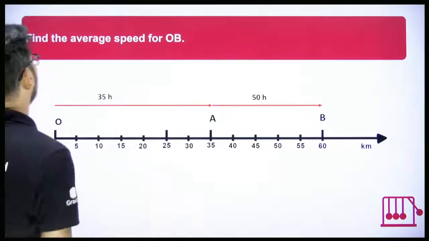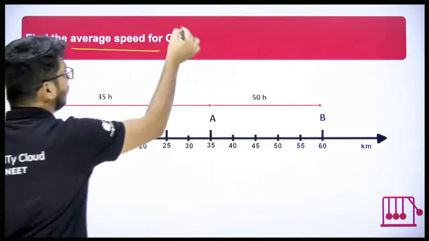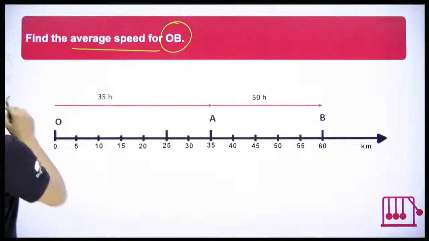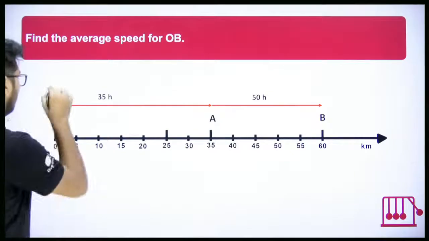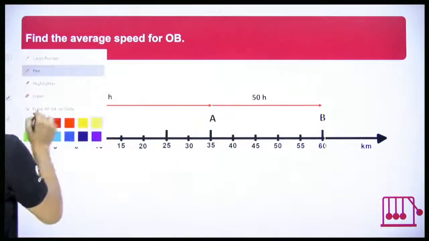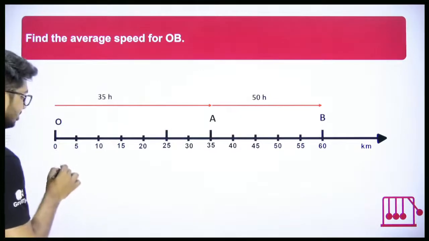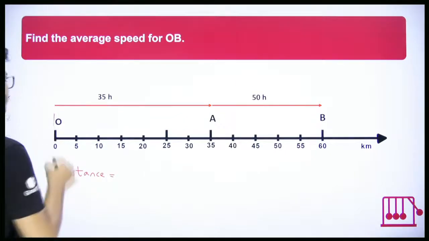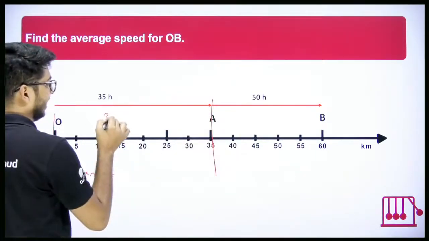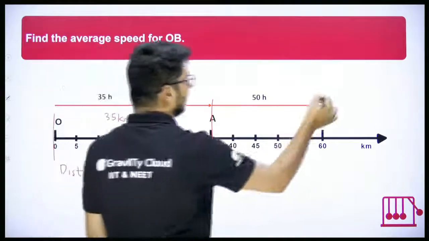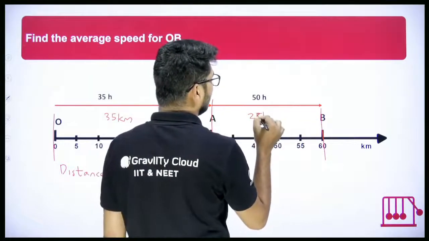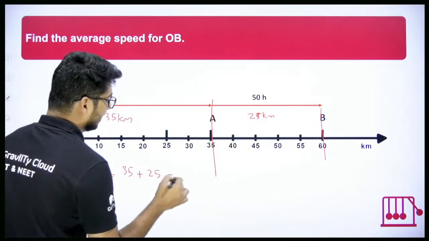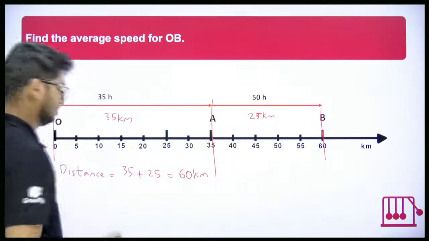In fact, the same example: find the average speed for OB. I told you, for the complete motion. So for the complete motion from O to B, what is the distance? From O to A, we already got it, it is 35 kilometers. From A to B, it is 25 kilometers. The total distance will be 35 plus 25, that is equal to 60 kilometers.